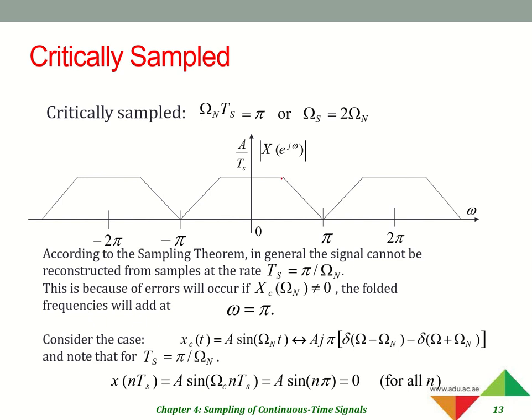For example, if the original signal is going like this, you might lose some frequency component at this end because of the critical sampling. Sampling is okay, but this is called critically sampled, the minimum sampling. This is the minimum, 2 times, but that will be the critical sampled. In this case you might lose some frequency components of your input signal while we are doing the reconstruction.